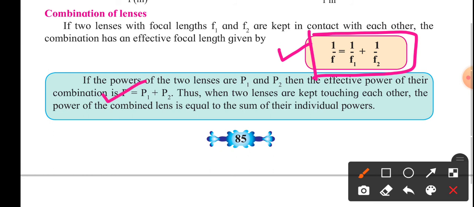And power, P is equal to P1 plus P2, meaning power we can add directly, but for focal length we have to take the inverse.